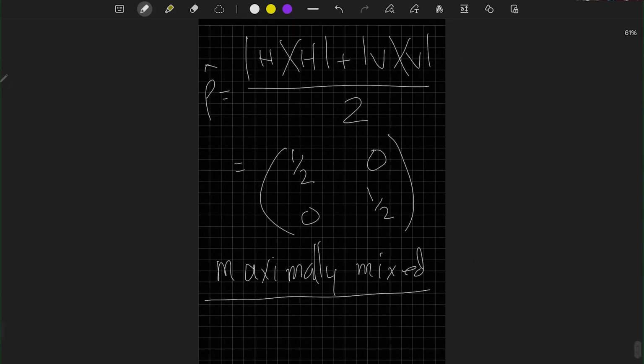And you can define the degree of mixedness or purity through the trace of rho squared. You take the square of the density operator and find its trace.